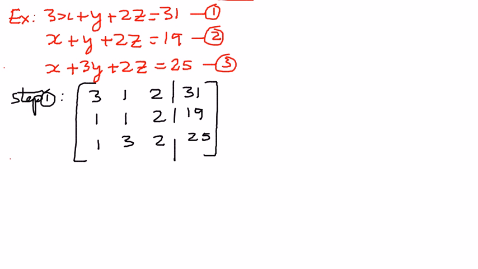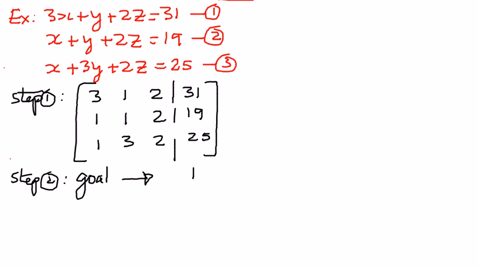And our goal, I'm going to write that as step 2. Our goal is to obtain a row echelon form of this nature.